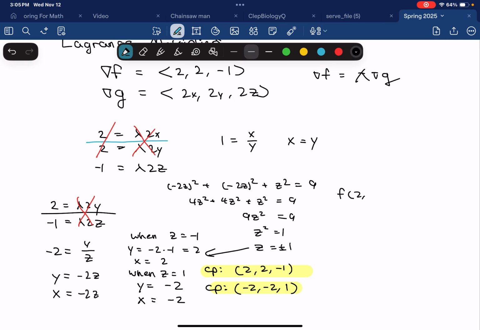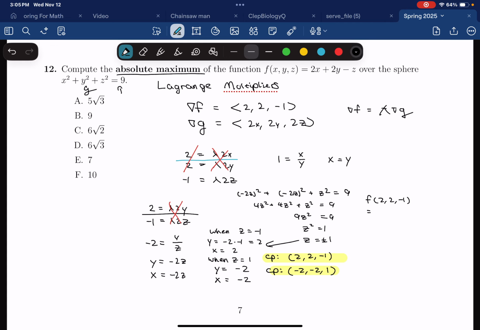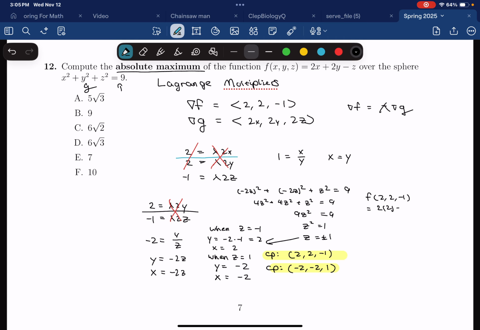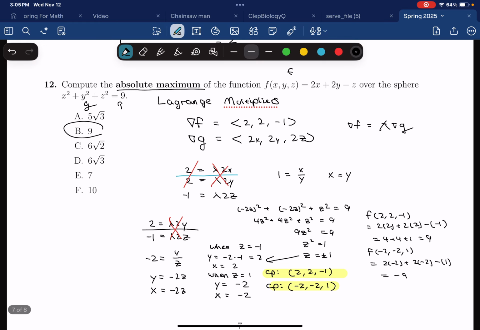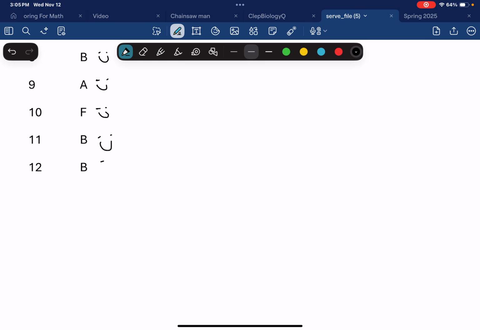So f of 2, 2, negative 1 simply gets us 2 times 2 plus 2 times 2 minus negative 1. Gets us 4 plus 4 plus 1, which equals 9. And then f of negative 2, negative 2, 1 equals 2 times negative 2 plus 2 times negative 2 minus 1, which equals negative 9. So in this case, our absolute maximum is 9, which is B, which is our answer.